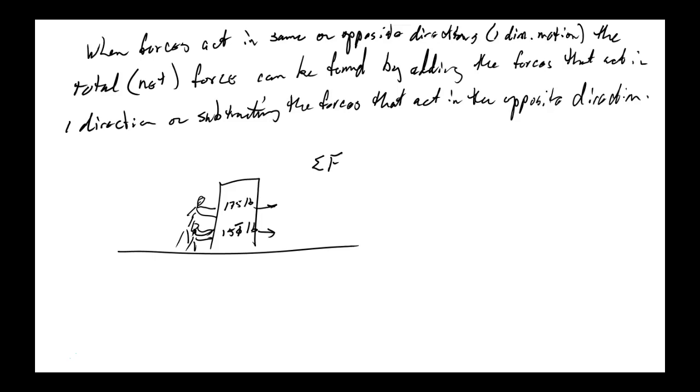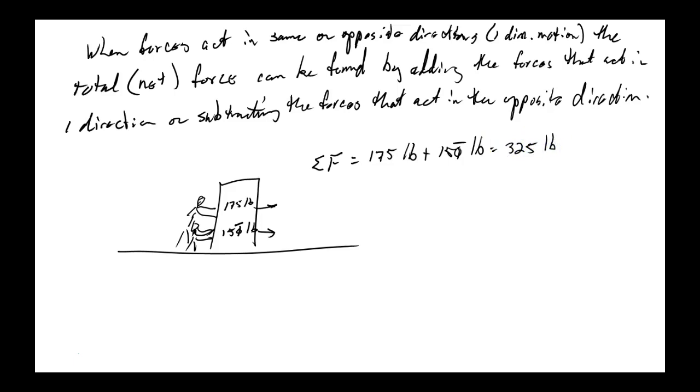So the net force would be, what did you say? Add them together. 175 pounds plus 150 pounds. And what does that give you? 325 pounds. That's pretty simple, isn't it?